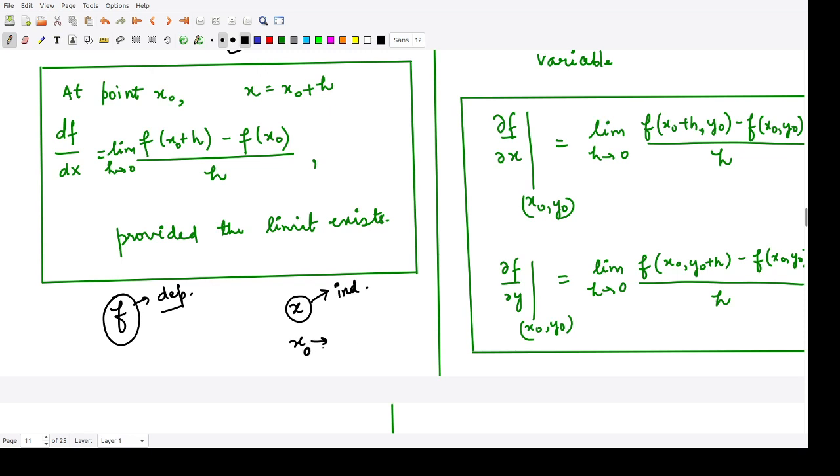So whenever you change x naught to some neighboring point x naught plus h, which we call as x. Okay. So you see what is the change in my function. So f of x naught would change to f of x naught plus h, or you could call this to be f of x. So what is the difference between this f of x naught and f of x whenever you change this x naught to x? So that is what we are seeing. What is the difference between these 2 points?